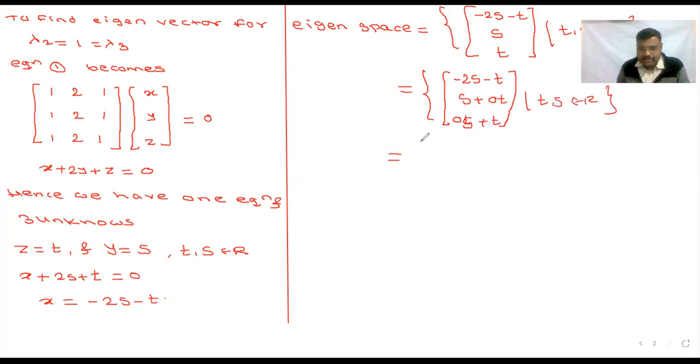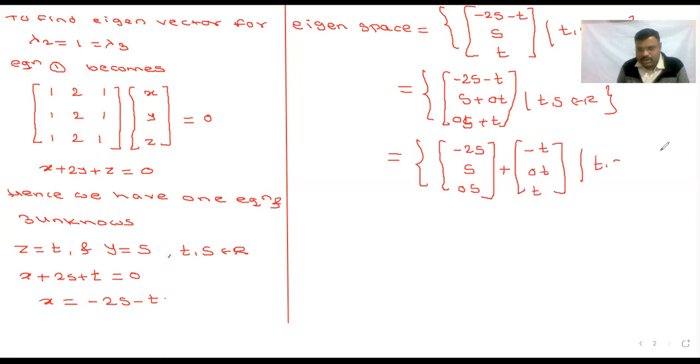In that eigenspace, we have separated the s and t, so first minus 2s, s, 0s, plus minus t, 0t and t, such that t and s belong to real numbers.